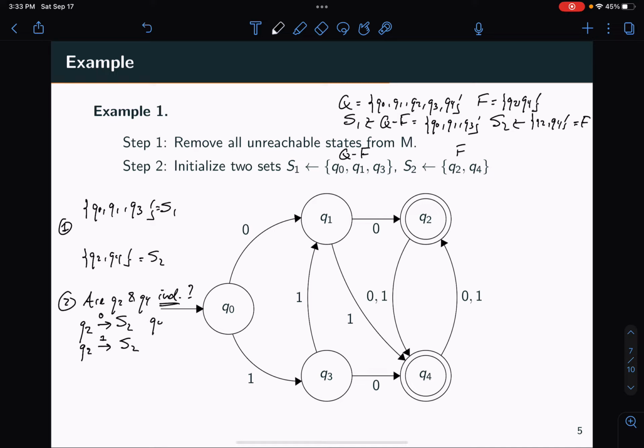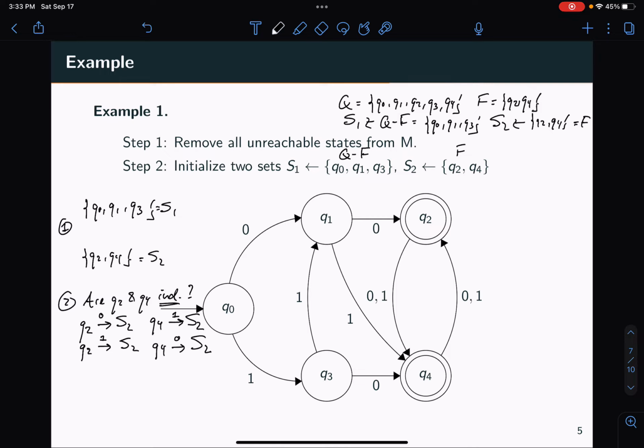If I'm in Q4 and I read a 1, I go to Q2. But Q2 belongs to S2, so again, I go to S2. And for Q4, if I read a 0, I go to Q2. But Q2 belongs to S2, so again, I go to partition S2.